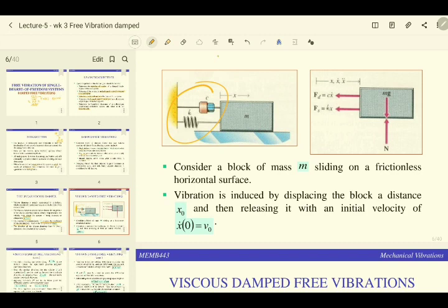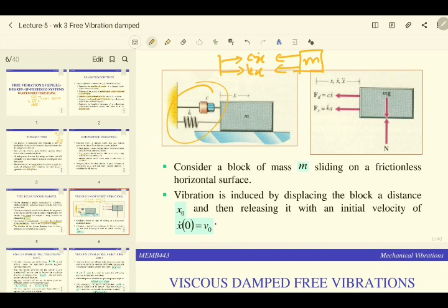So you have kx and c x dot, and then you draw the action-reaction of your forces on the mass.